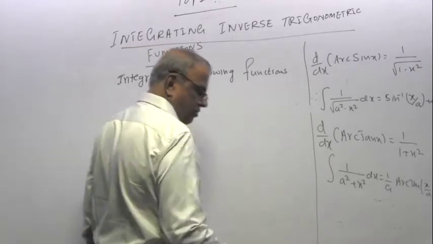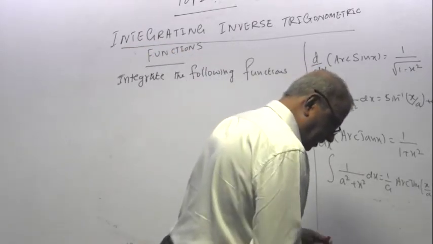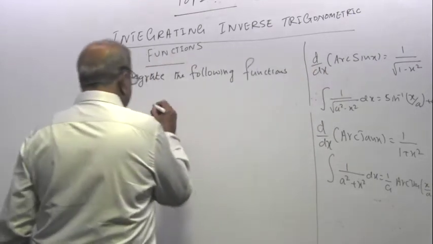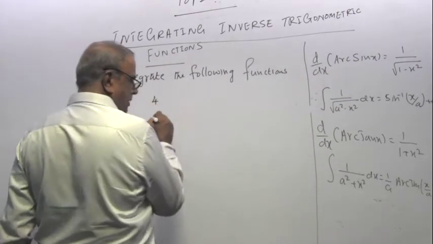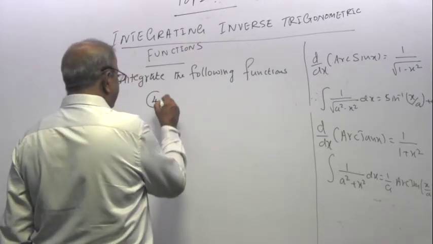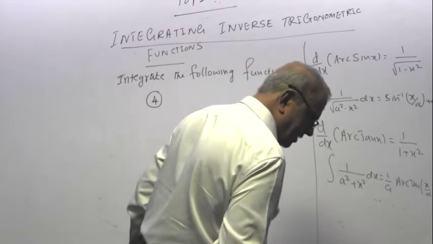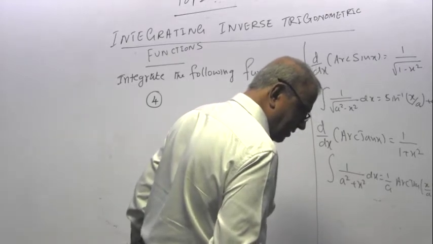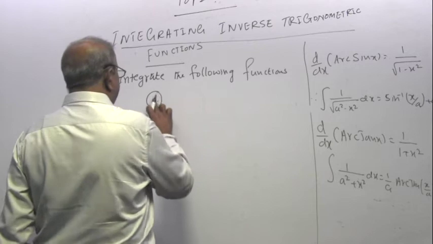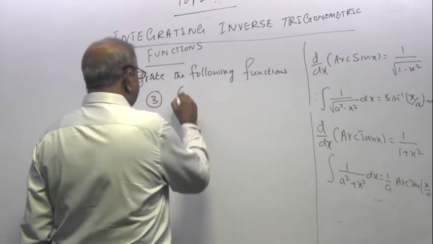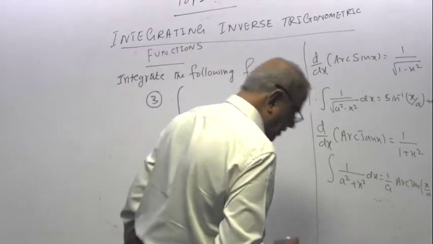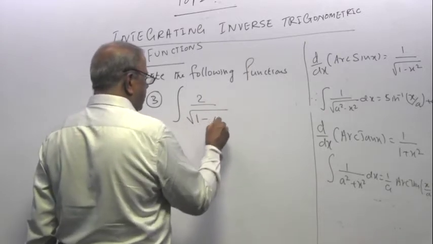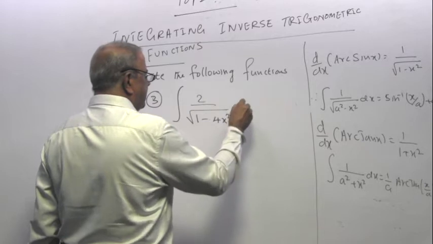We go on to make life more interesting, as we will see. Example 3. Alright. So it's integral 2 over square root 1 minus 4x squared dx.